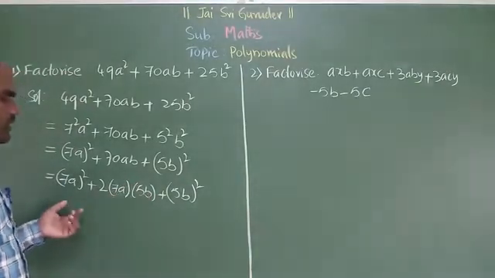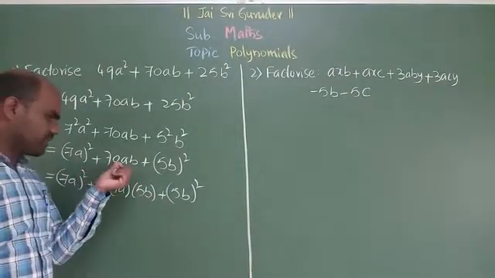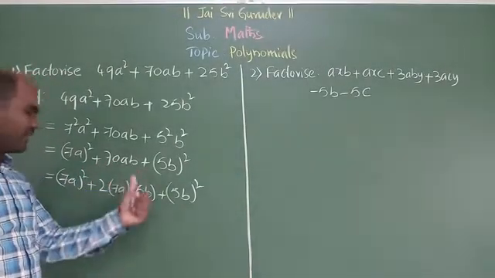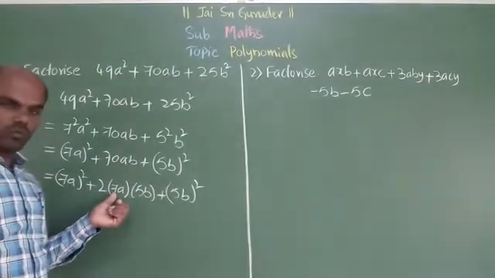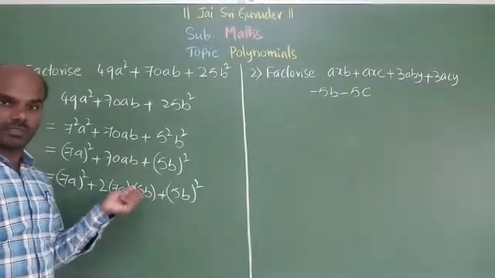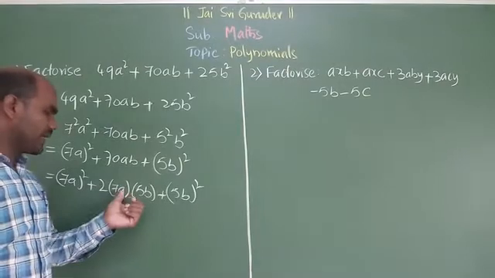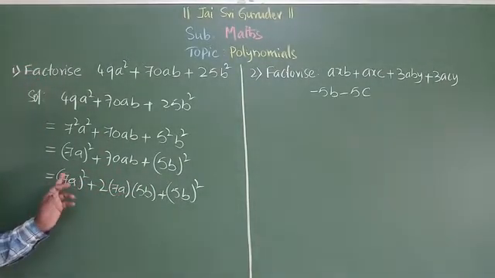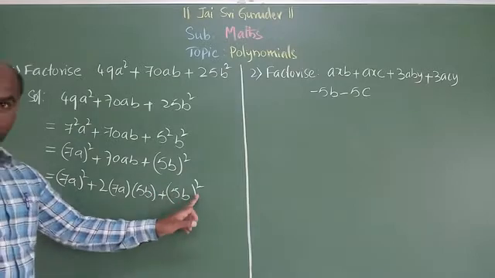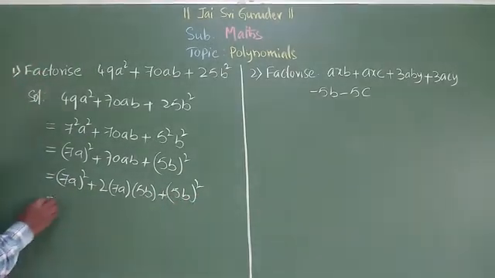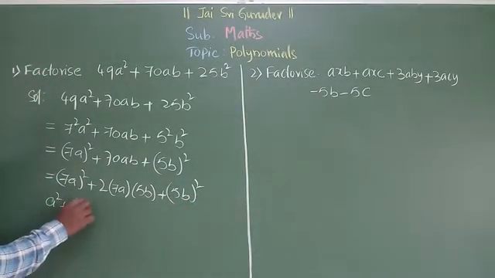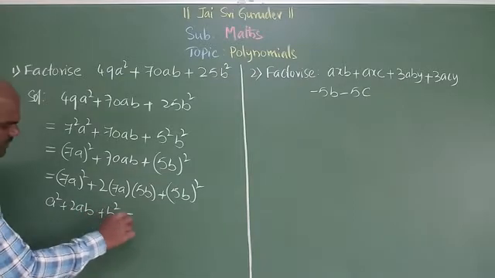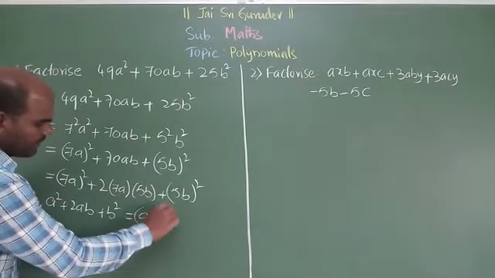If you have a doubt about 70ab, we divide it as 2 7s are 14, 14 5s are 70, and a into b is ab. Now it is in the form a square plus 2ab plus b square, which equals a plus b whole square.